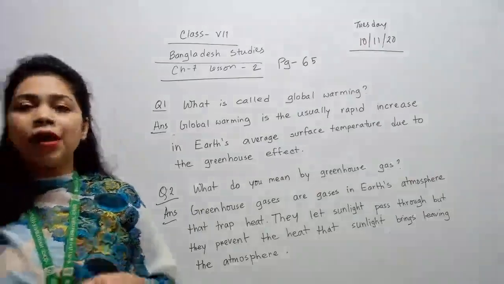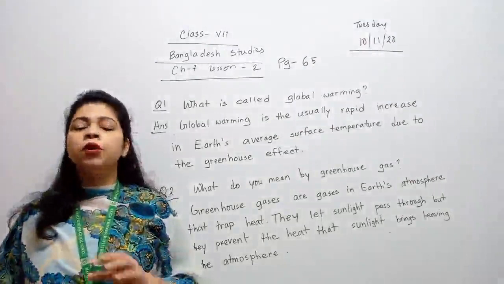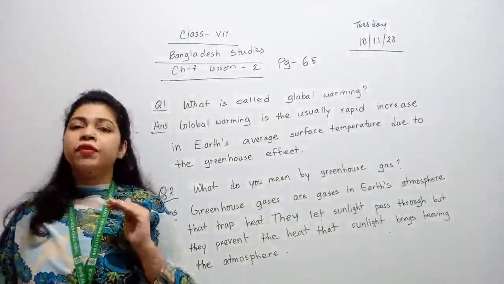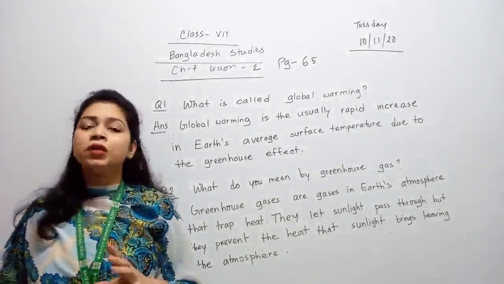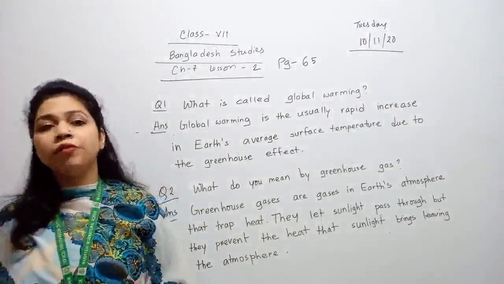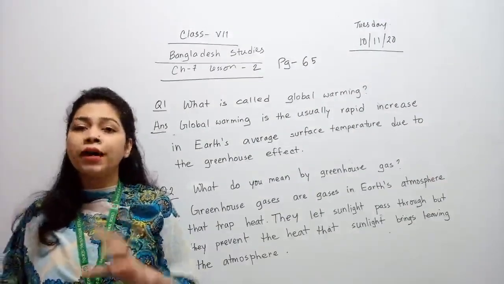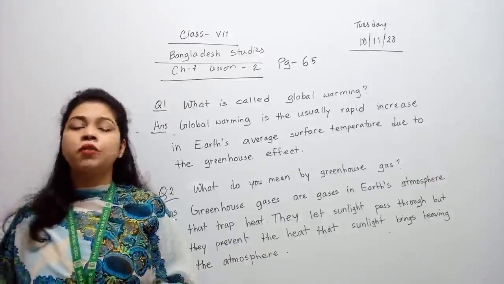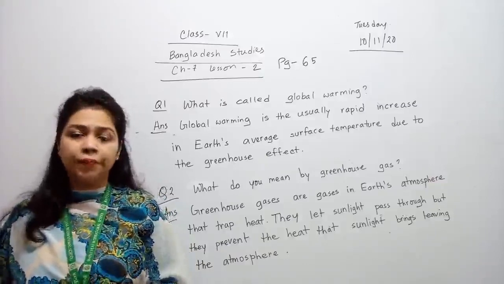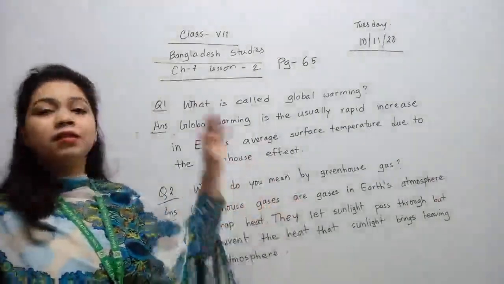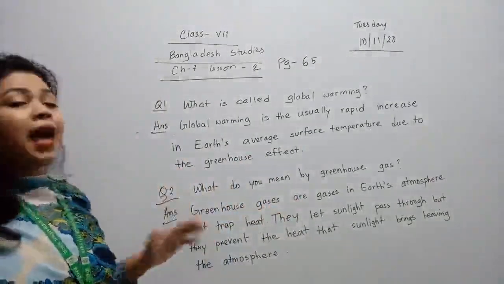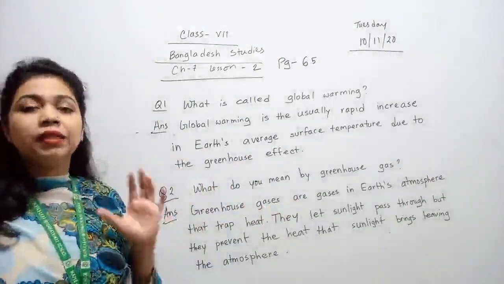In our Earth, there is atmosphere. We all know. In the atmosphere, the greenhouse gases are over there. So, what are the gases in the greenhouse gases? The highest amount of composition of greenhouse gases is carbon dioxide. Okay, so greenhouse gases are gases in Earth's atmosphere that trap heat.